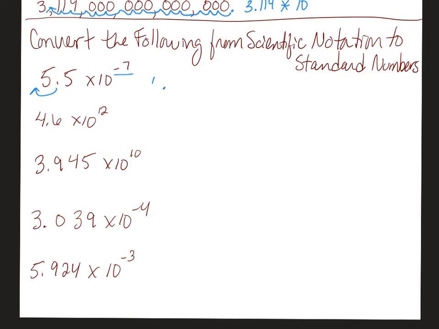okay? So I'm going to start with the 0 before my decimal point because when writing scientific numbers, it is a good habit to put in a 0 before your decimal point because otherwise that decimal point can be lost sometimes, okay? So that -7 actually means that we should put in 6 zeros. I'll show you why in just a second. And then I'm going to put in 5, 5.